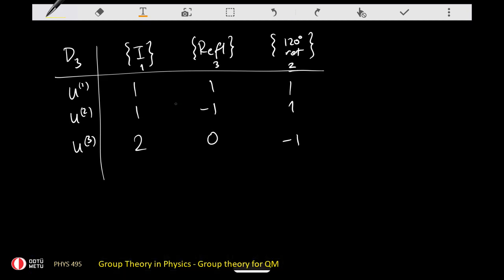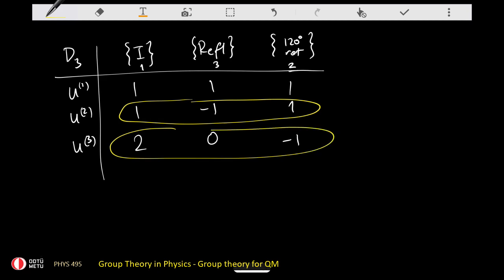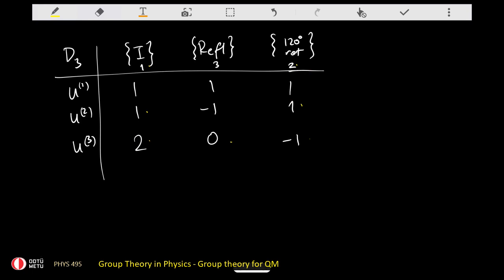I am multiplying each entry of that row with each entry of this one, and then multiplying with the number of elements within the class, and their sum should be equal to 0. We see that 2, 1, 1, we get 2. We get 0 from here, and then minus 1, 1, 2, we get again 2, minus 2, and they add up to 0. Right, so these are irreducible representations.